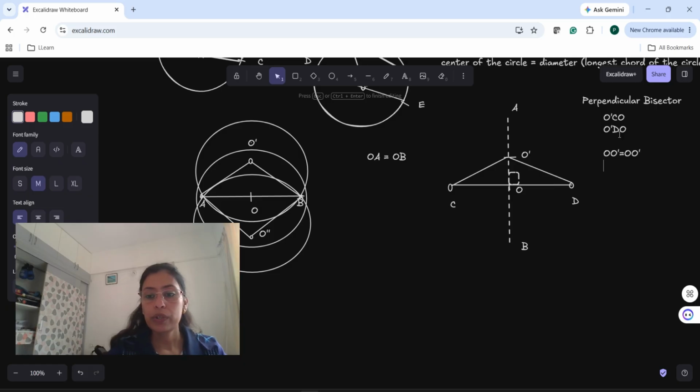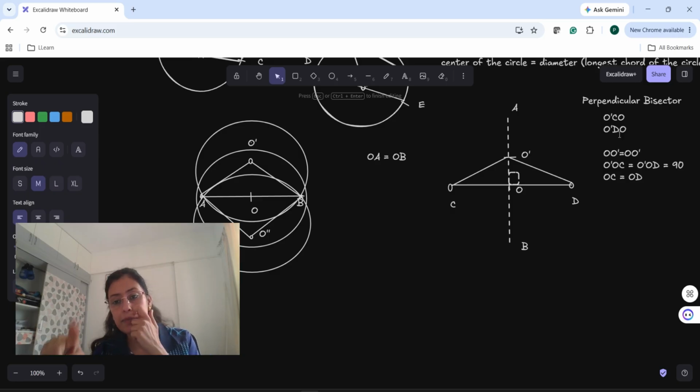Now we know that the angle O dash O C is equal to O dash O D, which is equal to 90 degrees, right? And the third is we know OC is equal to OD because AB is a perpendicular bisector, right?